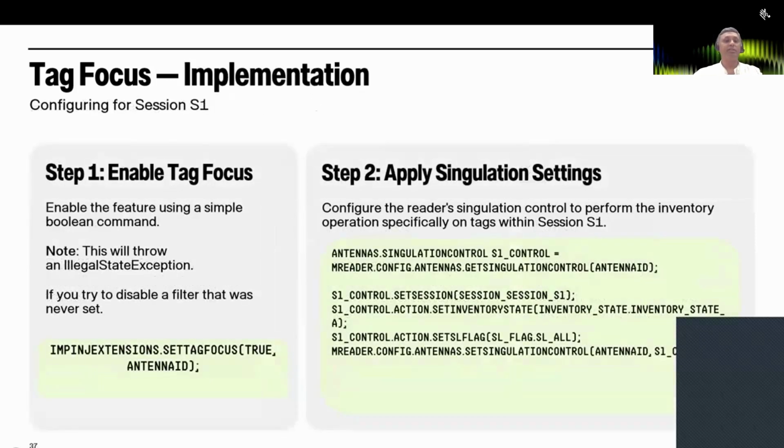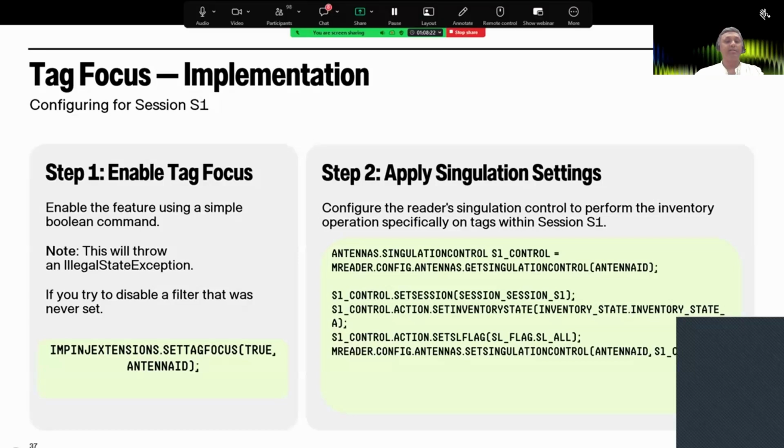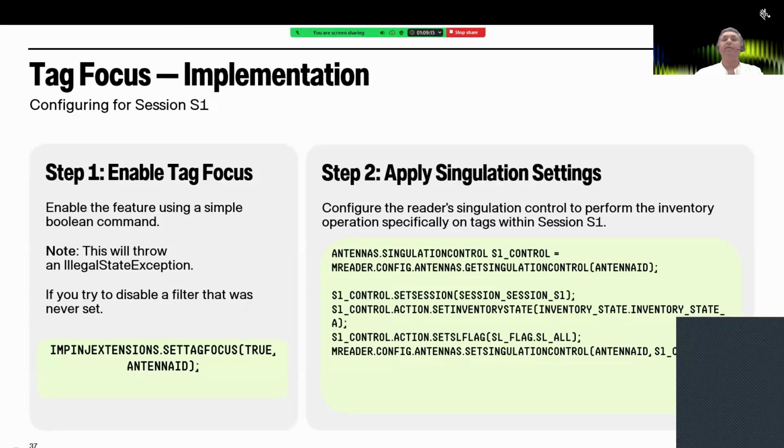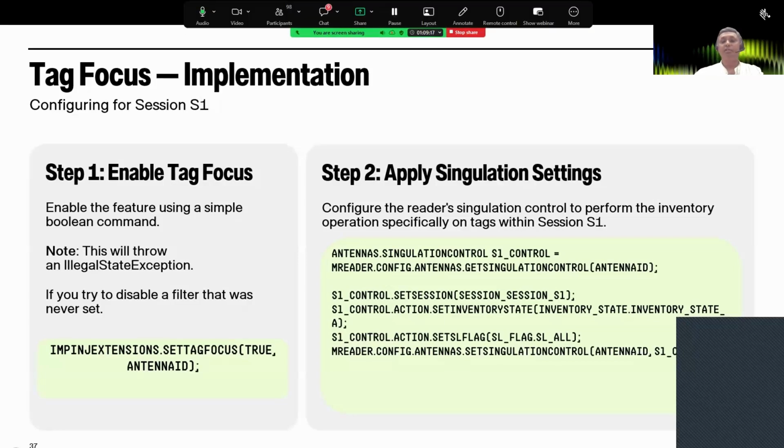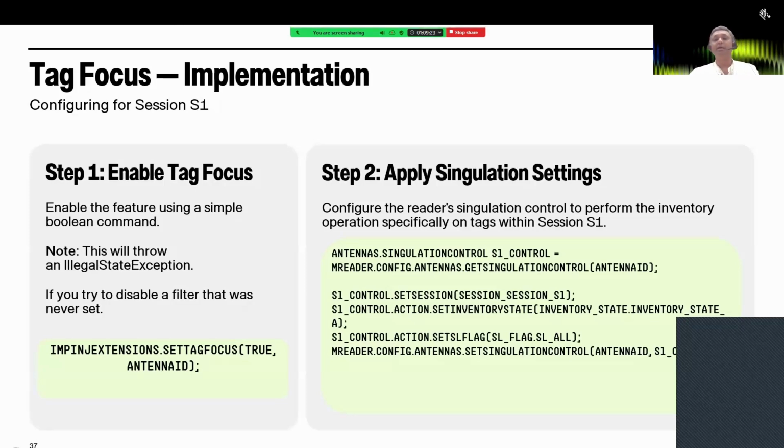Let's see how this tag focus is supported in our Zebra RFID readers, right? It's as simple as calling this set tag focus on an associated antenna ID, right? So once you enable the tag focus, apply the singulation settings, configure the reader control to perform the inventory operation specifically on tags.